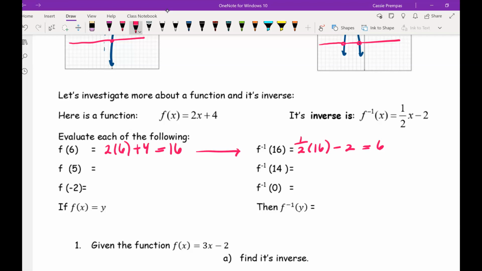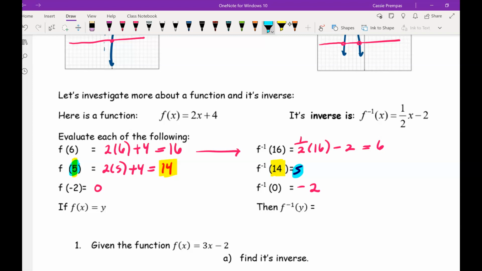Okay, I'd like you to pause the video and see if you can finish the rest. Okay, hopefully you saw the pattern that when you plugged an x value into the function, you got an answer, and if you plugged that answer into the inverse, you get back the original x. In fact, I should probably put these in different colors. So, for example, I plugged in 5, and I got out 5.